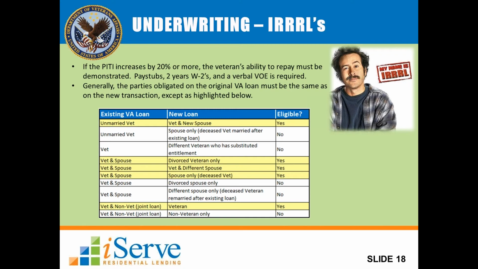They can do that and do a streamline. If it's an unmarried vet on the previous loan, and then the veteran passes away, and the spouse wants to do a streamline, they can't do it. So use this chart to determine who can and cannot go on the loan.